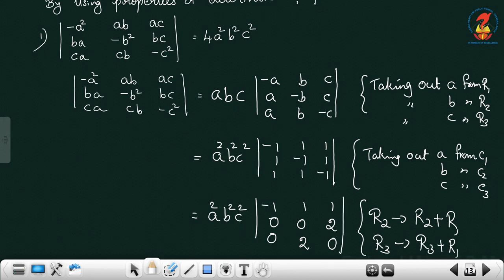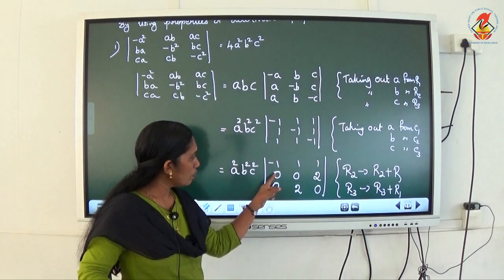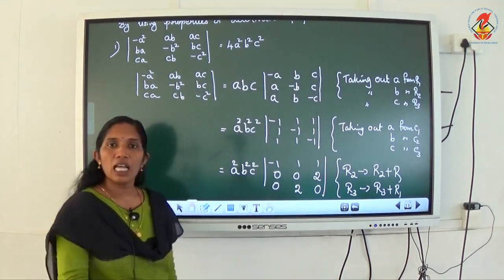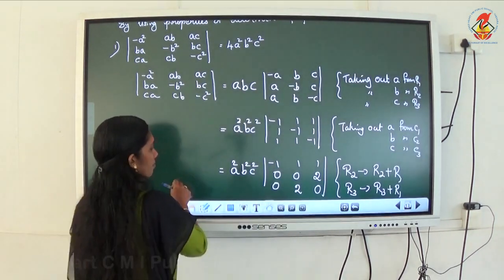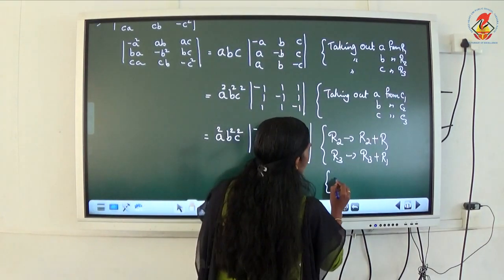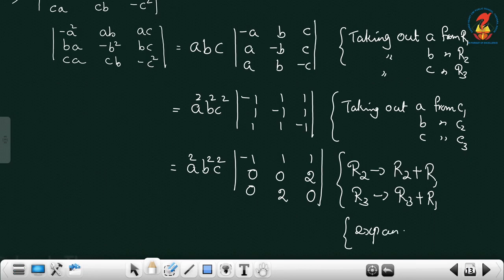Now we simplify this into this form. Now we can expand. Here look, in the first column 2 elements are 0, only 1 element is there. So we can expand along C1. So that is equal to a²b²c² into, put a bracket, -1 into, delete the row and column.